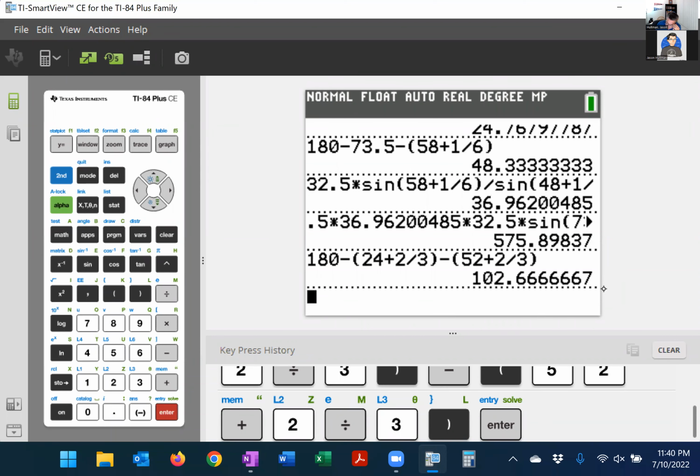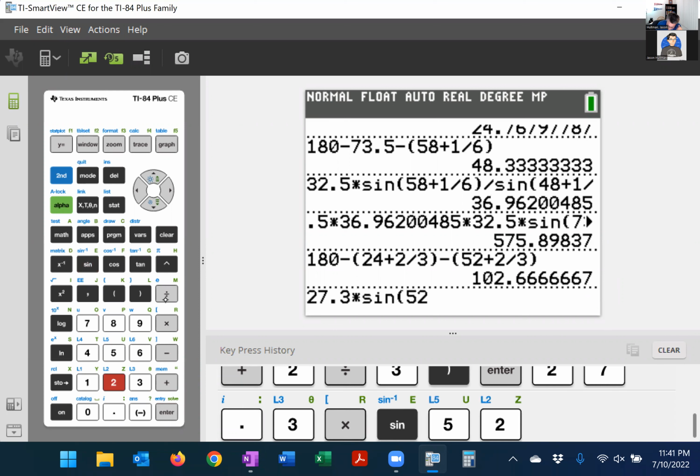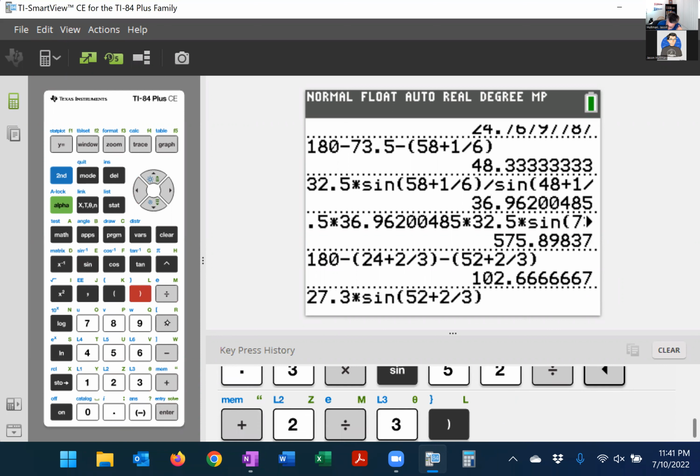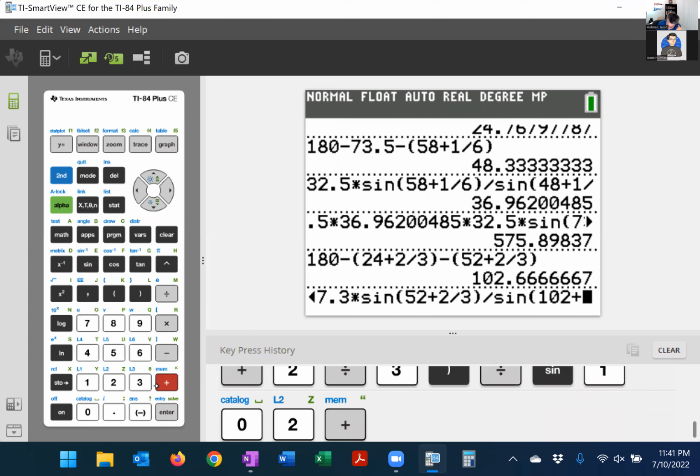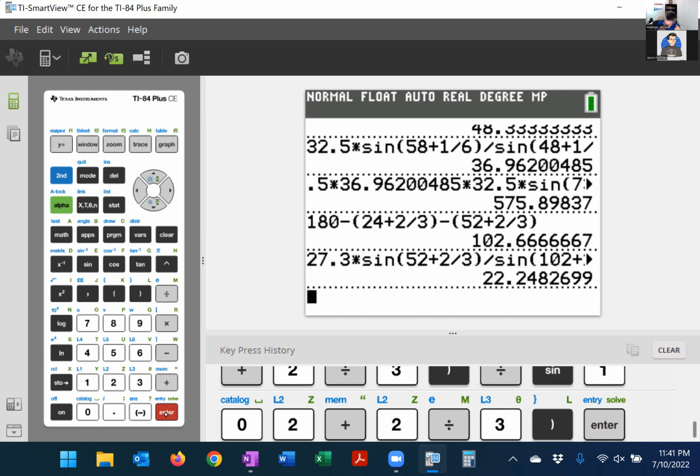So we wanted 27.3 times the sine of 52 and 2/3 divided by the sine of 102 and 2/3. Okay, boom, we got about 22.25 centimeters. 22.25 centimeters is C.